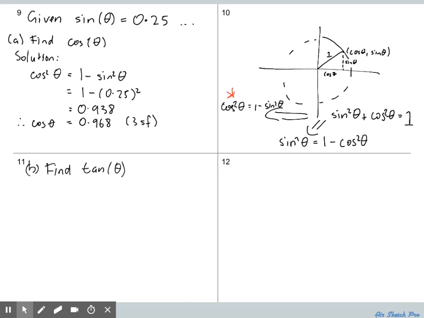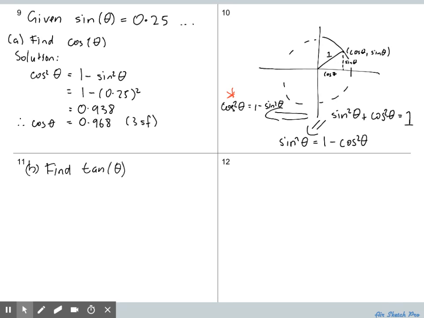Now this kind of question, just while you're taking a moment to try and solve it yourself, is very much a paper one kind of question. The only thing that makes it difficult is that it'd be a bit of a pain to find the square root of something like 0.938, and even squaring 0.25 and then subtracting it from 1 is annoying enough to not want to have to do it.